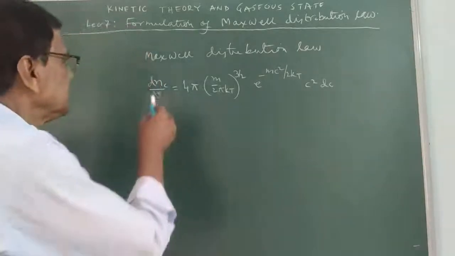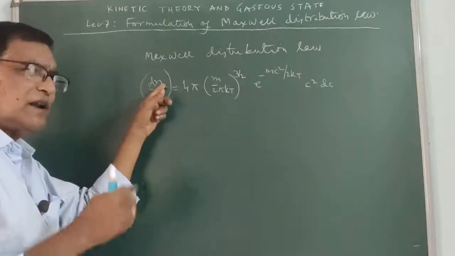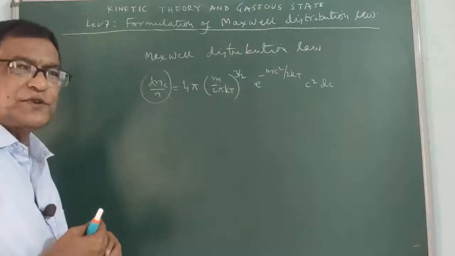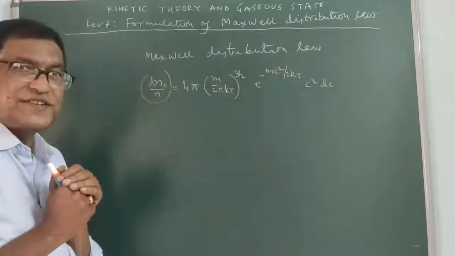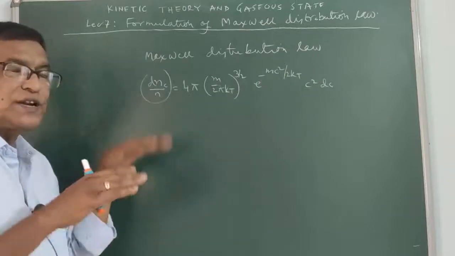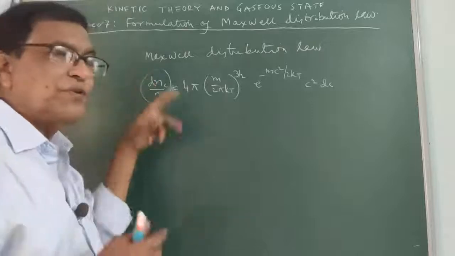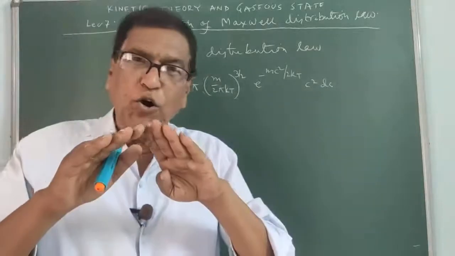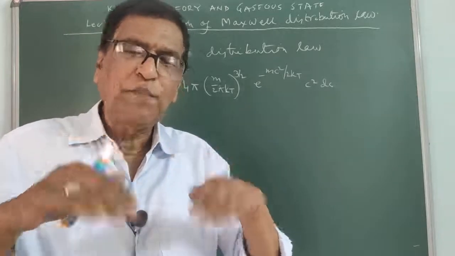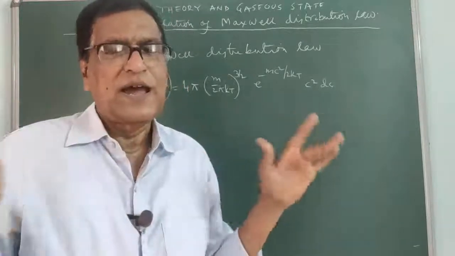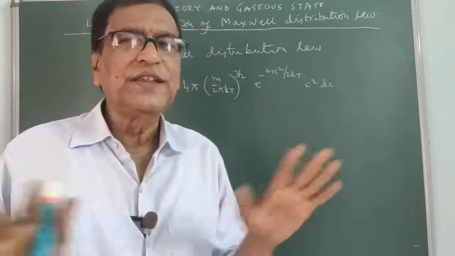So naturally this one you can call the favorable number of molecules which have this speed within this range, and this is the total number of molecules. So this ratio you can call the probability of a molecule to have the speed c within range dc.